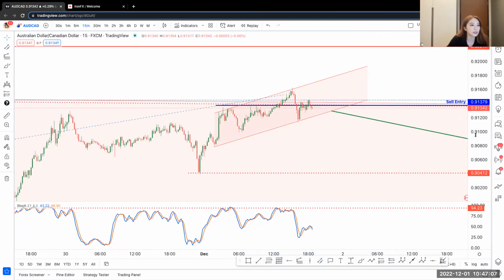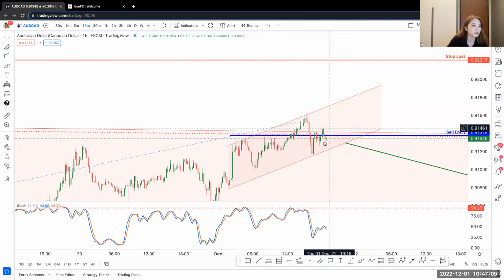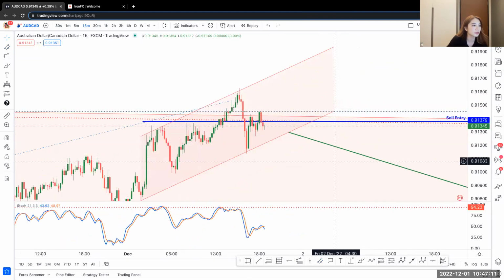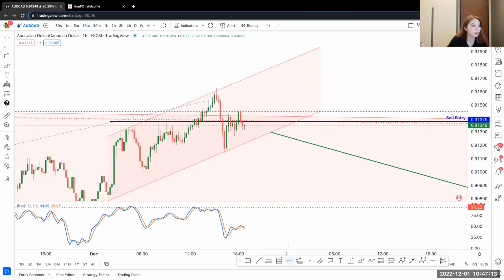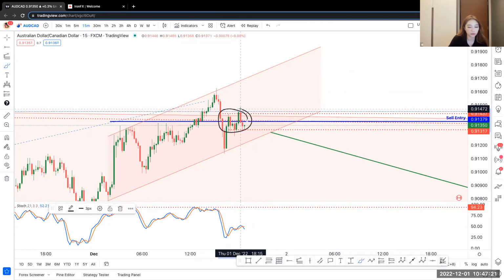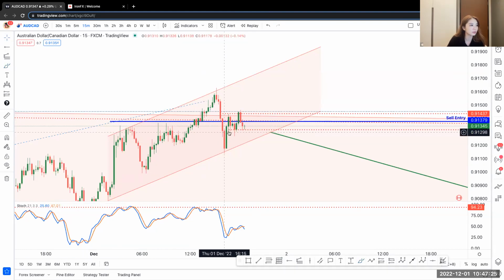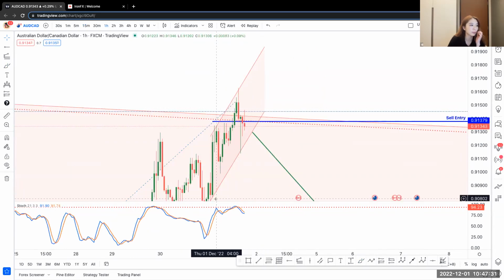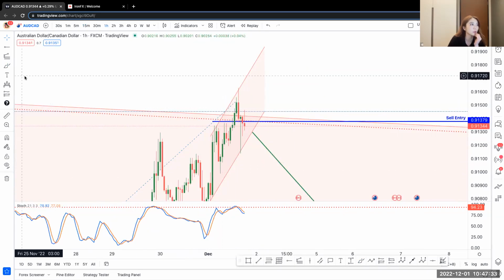For this time around, you can see that Aussie CAD for 15 minutes, it's a bit indecisive, not a good time. You can see that for the past few candles, it's stuck here. Not the best time to trade 15 minutes. So for me, 15 minutes, I'll play this very small minimal movement that you can see on H1. So we are playing this one stretch of movement only. That's how I do the 15 minutes.